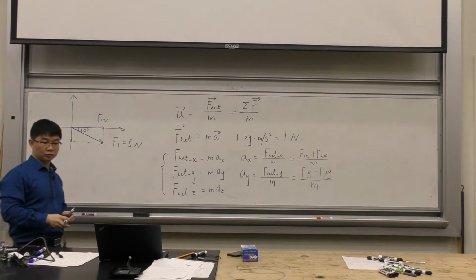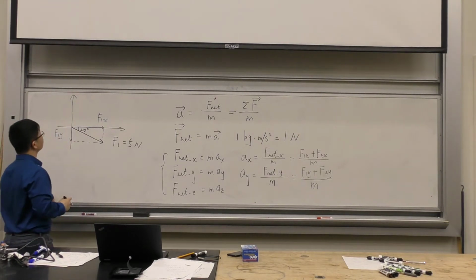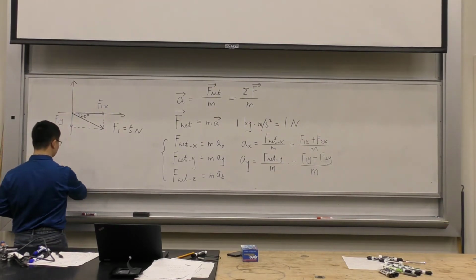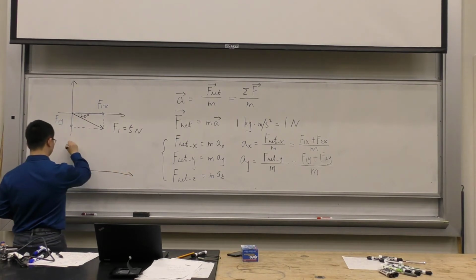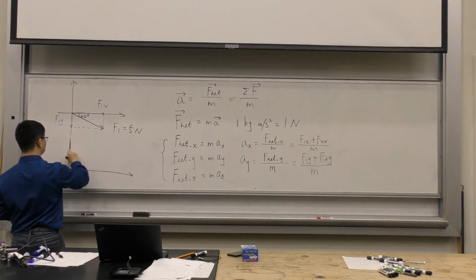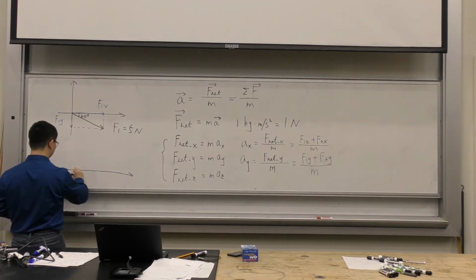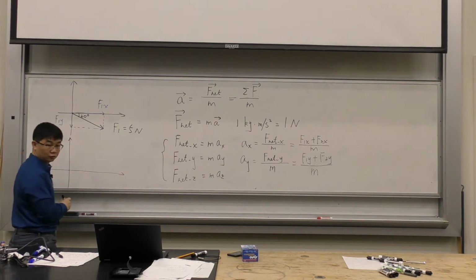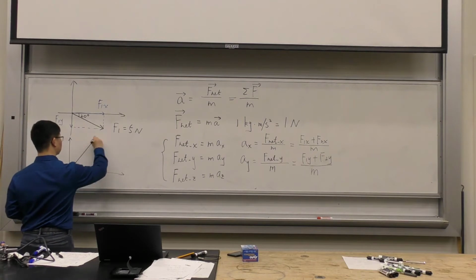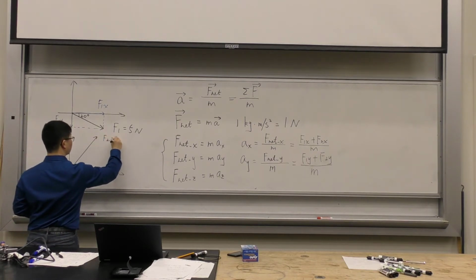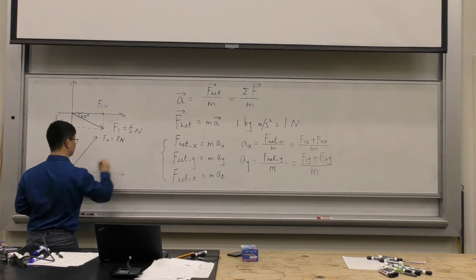Okay, and you do the same thing for F2. Draw F2 out. I'm going to use the same coordinate system. So F2 is in this direction, and the magnitude of F2 is 8 newtons, okay?